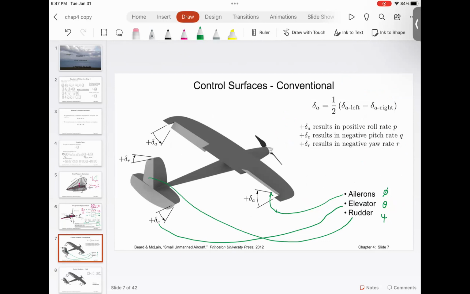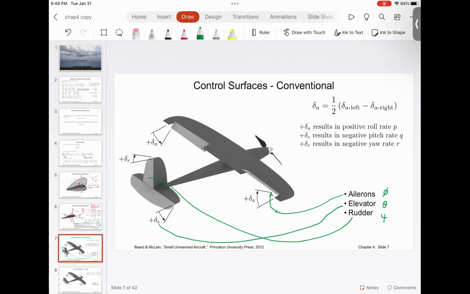This rudder going towards right or towards left, depending upon how you look at it, is positive. And for the ailerons, you have ailerons that are flipping up and ailerons that are flipping down. They are represented as the overall deflection of the aileron. So delta A is the overall deflection of the aileron.